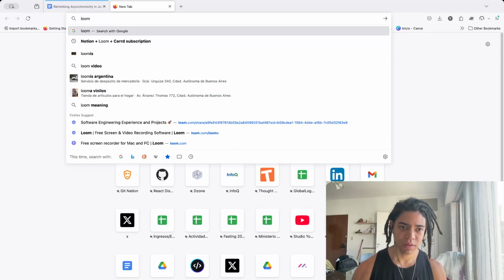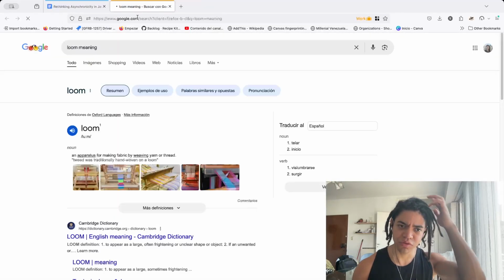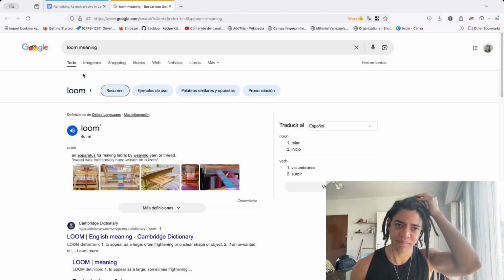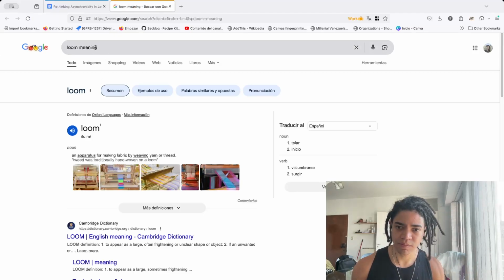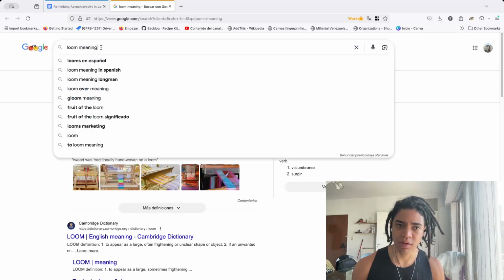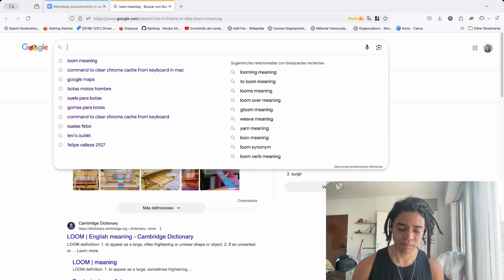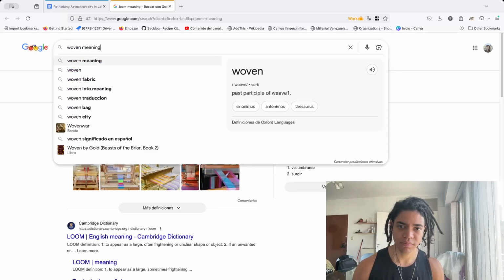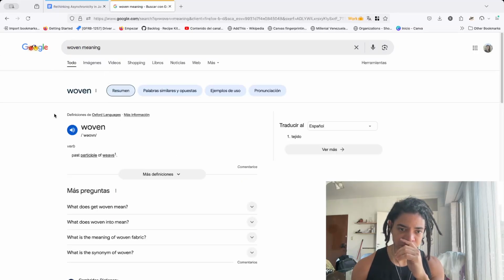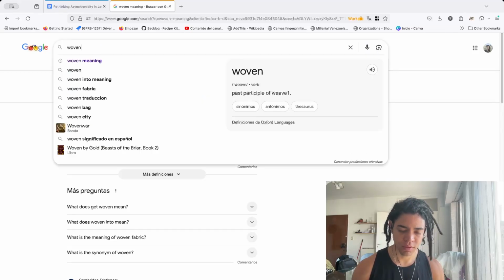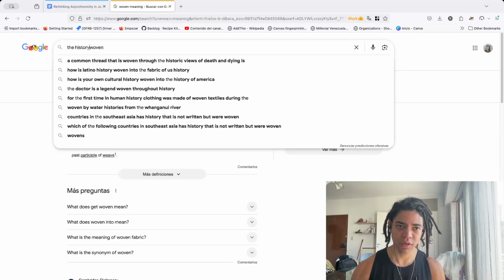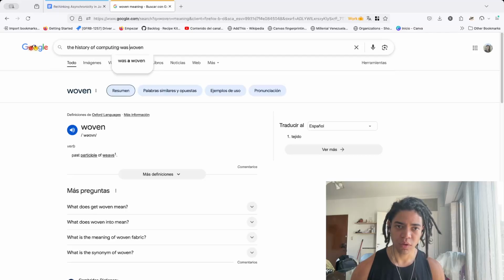I'm not sure what loom means. So the history of computing was woven in the looms of sorrow.